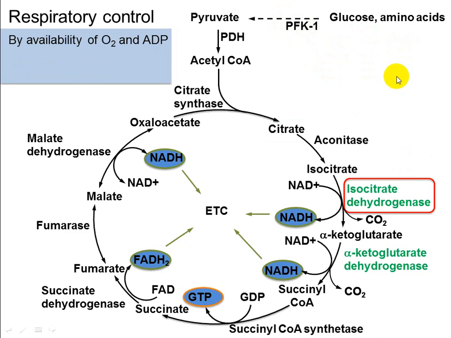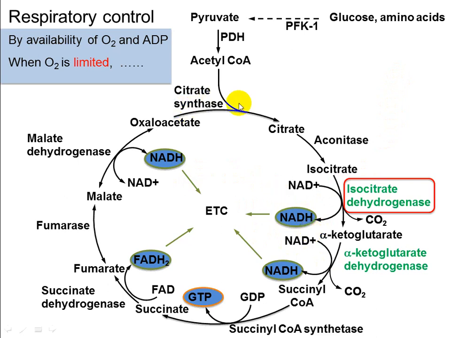The TCA cycle is also subject to control by availability of oxygen and ADP. When oxygen level is limited, the electron transport chain is slowed down, and that will lead to buildup of NADH. What shall we do?